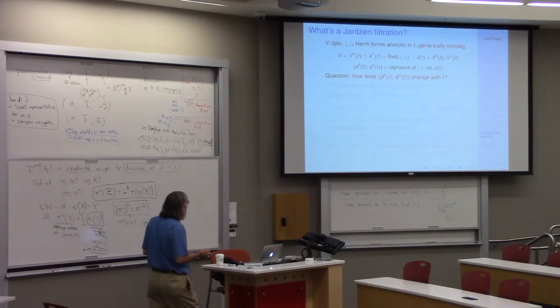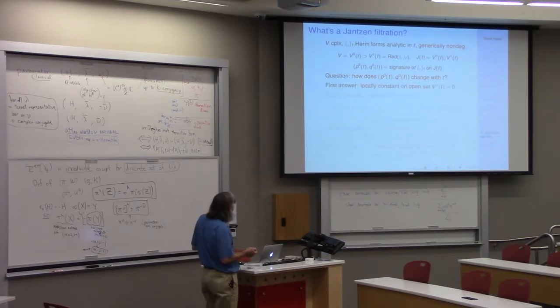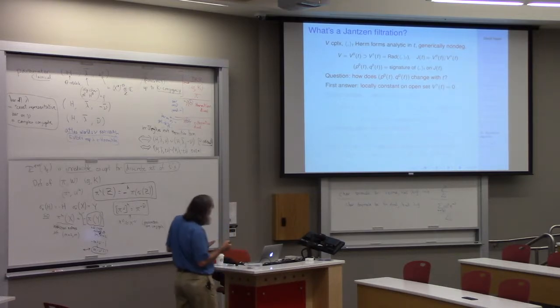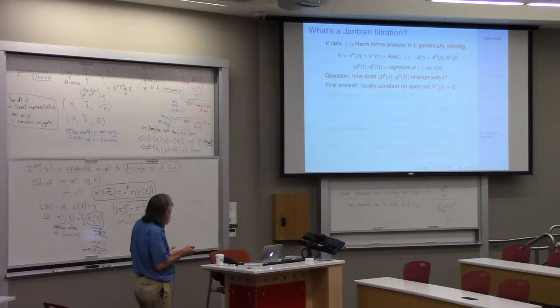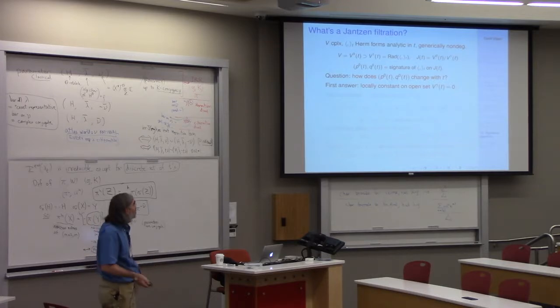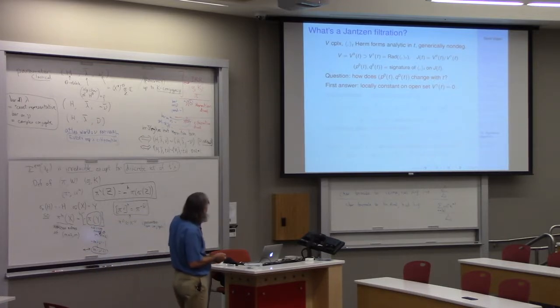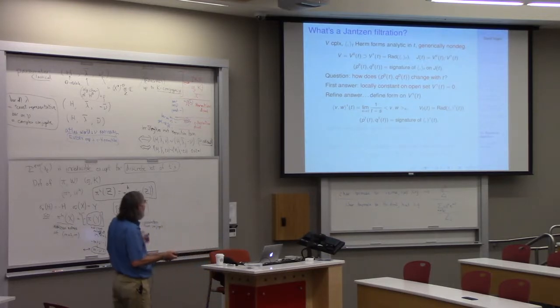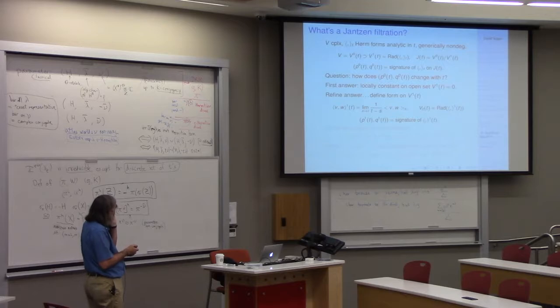That's the problem. And the simplest fact is that on the open set of t's where this radical is 0, the signature is locally constant. So how do I refine that? I can get a form on the radical.